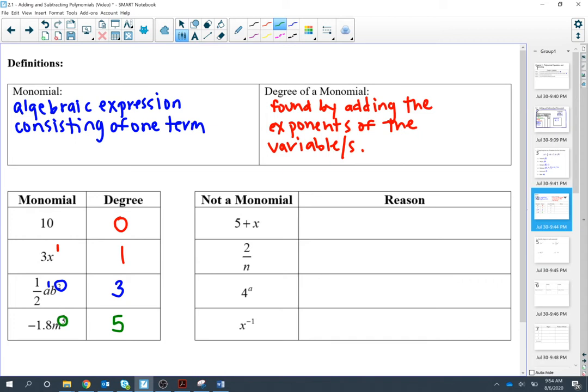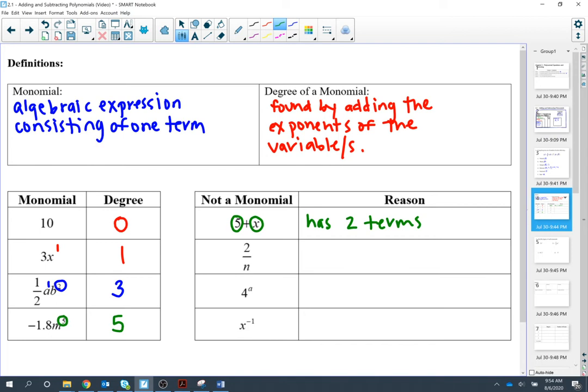But 5 plus x is not a monomial, and the reason is because it has two terms. Okay, a monomial has one term. This guy has two. He's got a 5 and he's got an x, and they're separated by a plus sign. Okay, not a multiplication sign. So they're kind of separate here. That's two terms. Not a monomial, 2 over n.